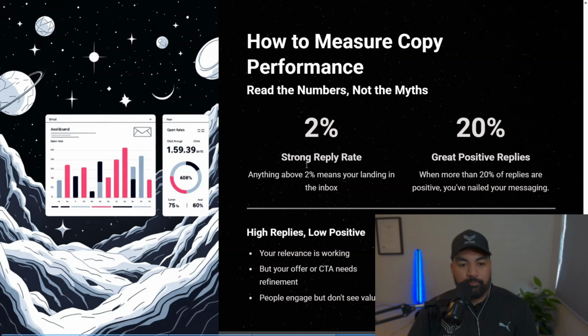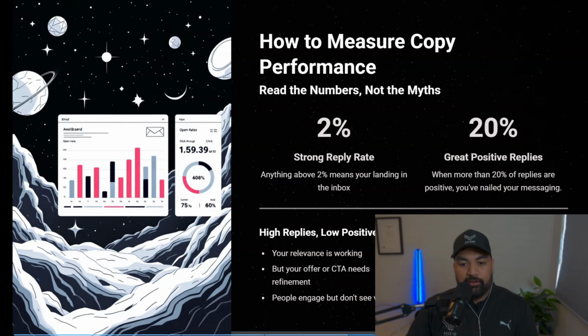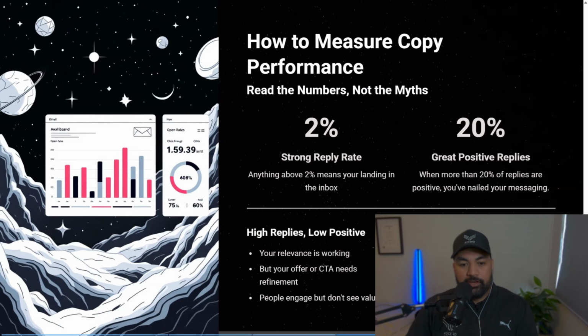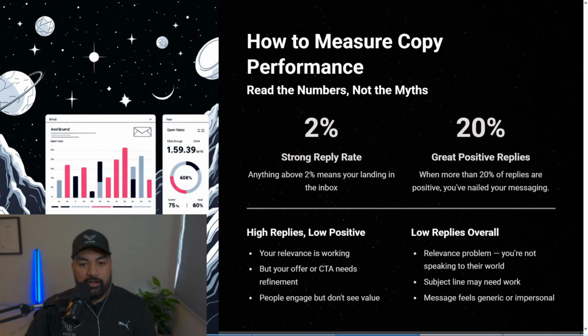Now, the reply rate is one thing, but what we also want to get is positive replies. What this is saying essentially is that if we're getting positive replies that are greater than 20%, then that means that we've nailed the messaging.